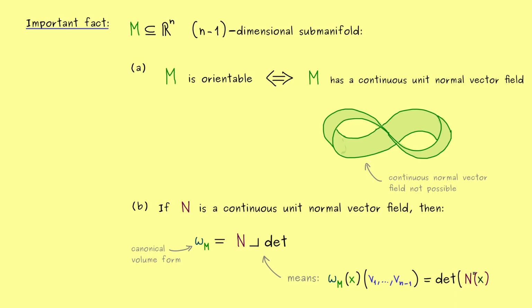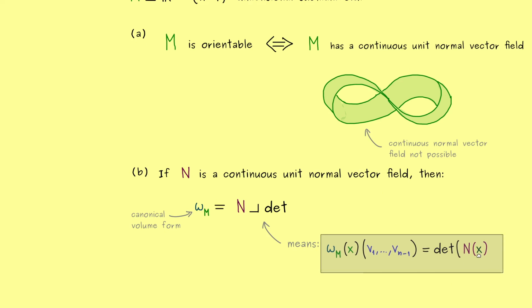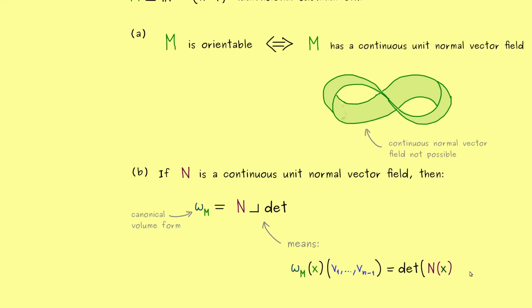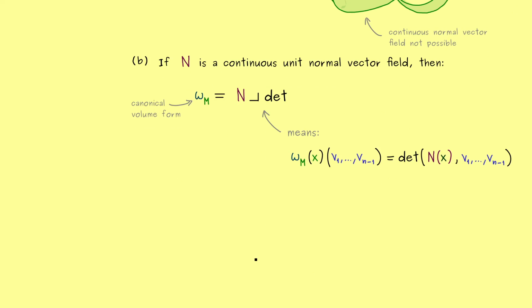And then we simply put in n(x) as the first input, as the first vector, and then the other vectors as well. So not complicated at all, we just substitute the one missing vector with n of x. And as always, we see the tangent space for submanifolds as subsets in Rn. So indeed, this identification is the one we always have.